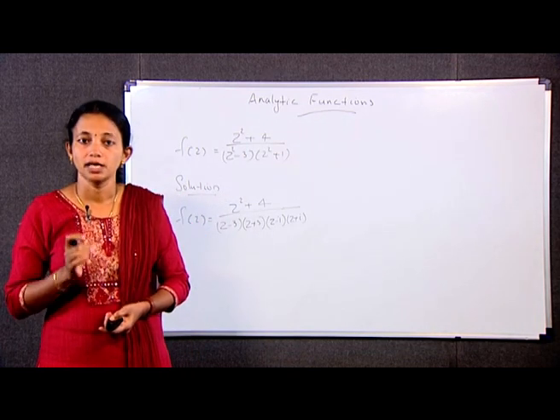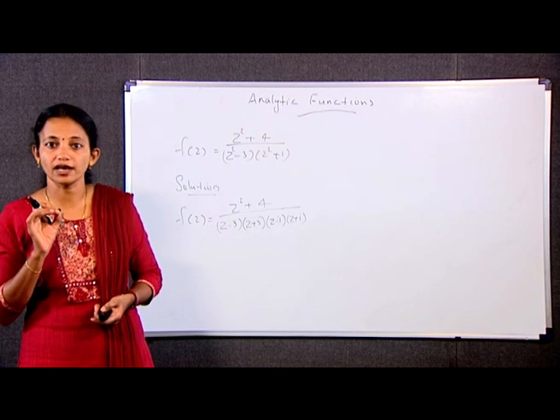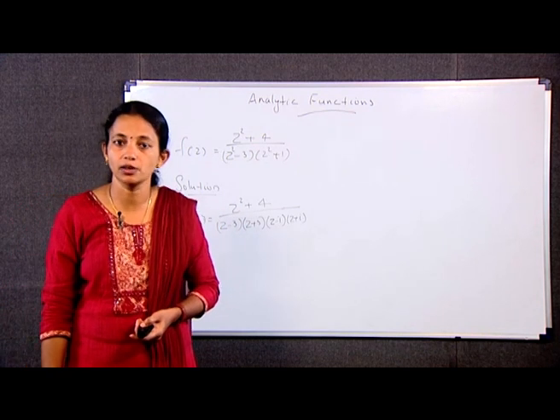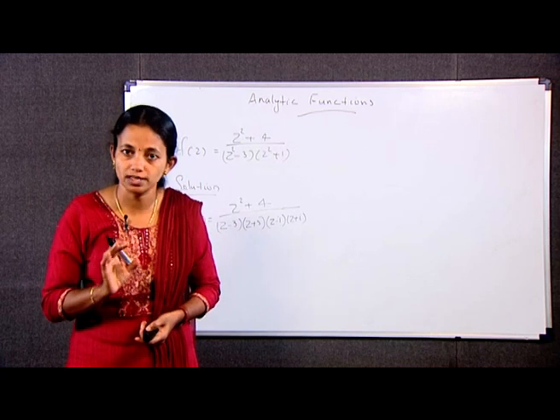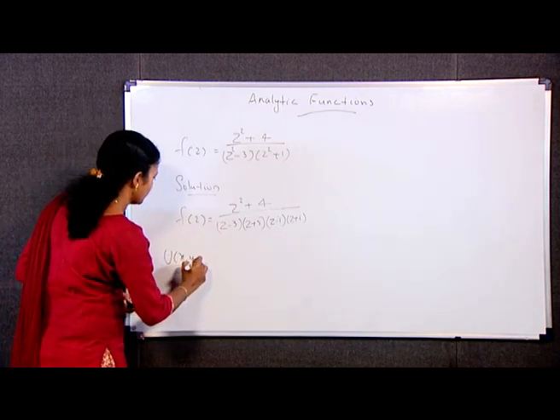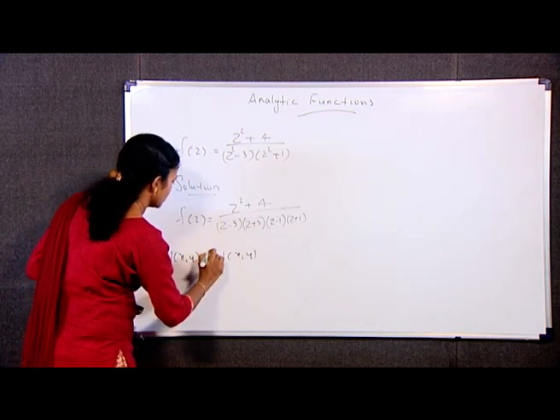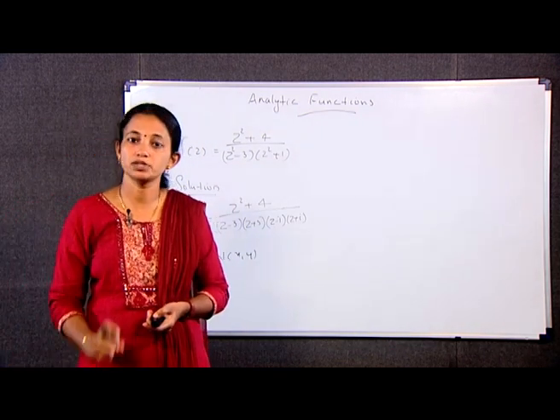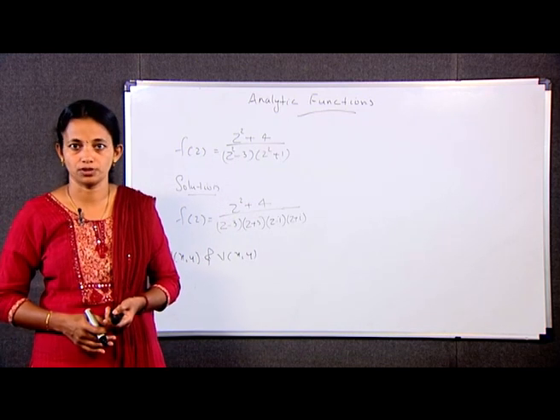Differentiation formulas need to be applied only if the expression for f dash z is wanted. That is, when a function is given in terms of its component functions u(x,y) and v(x,y), its analyticity can be demonstrated by direct application of the Cauchy-Riemann equation.